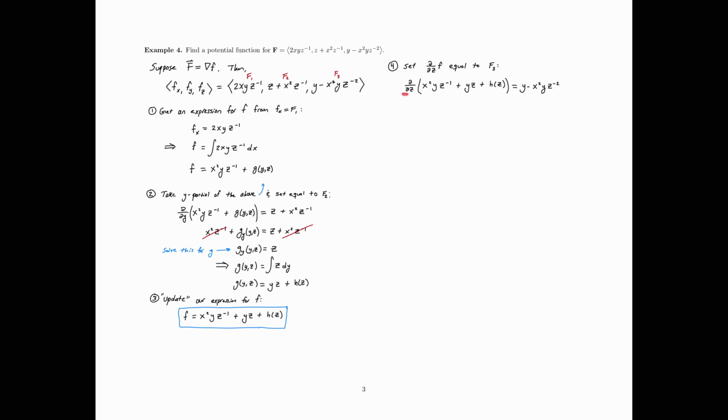And if we take the z partial of this group in parentheses, we will have negative x squared y z to the negative 2 plus y plus h prime of z. Again, I'm going to use the prime notation because this function h is a function of a single variable z, so there's no ambiguity here in using the prime notation. Copy paste the right hand side since we haven't done anything with it, just written it. And then we want to simplify.